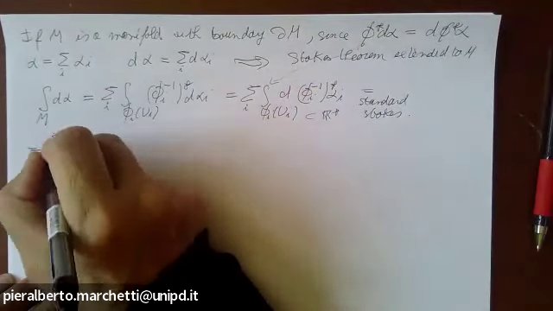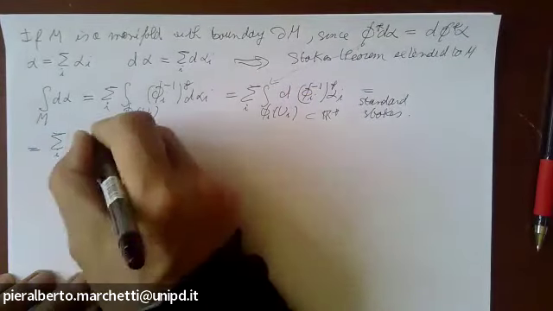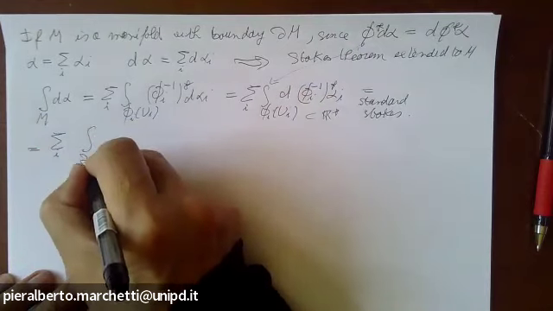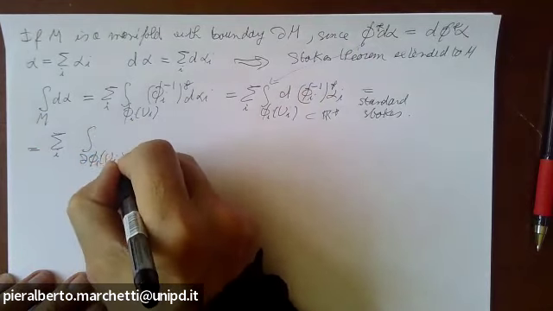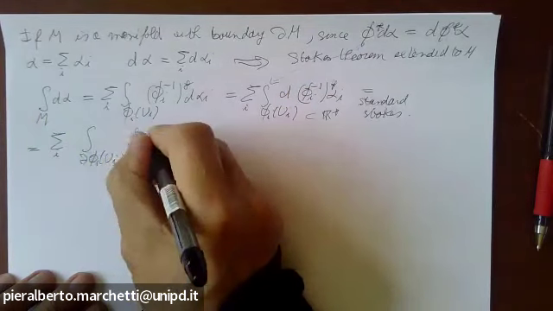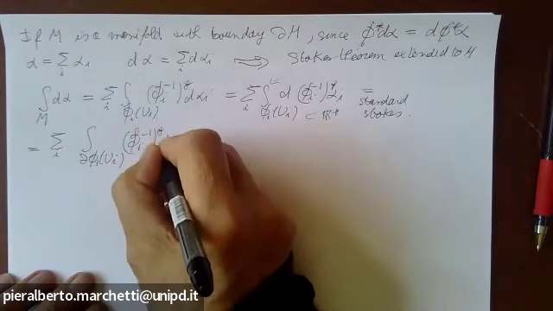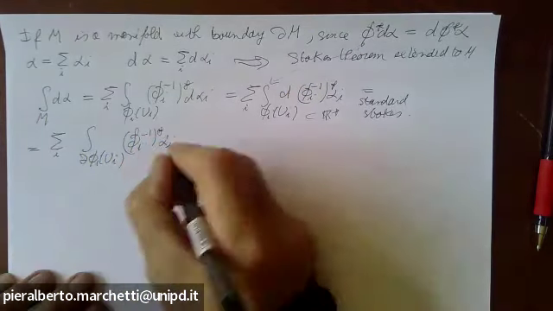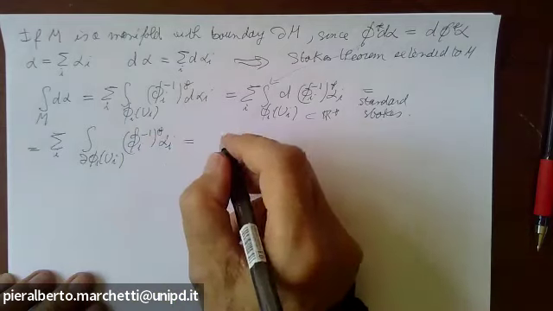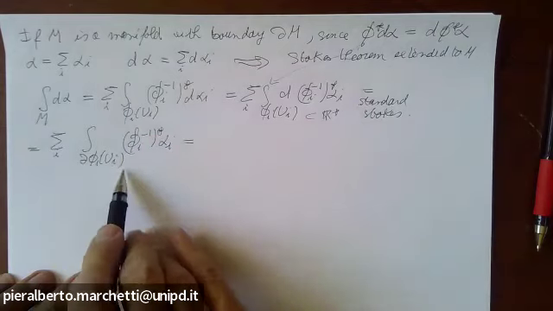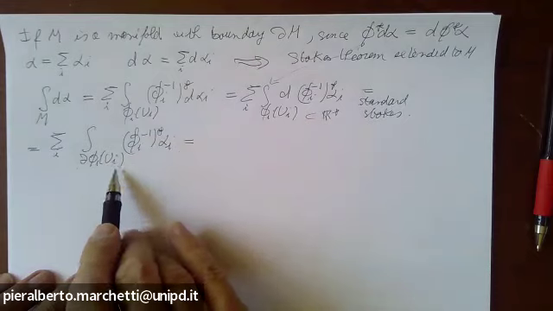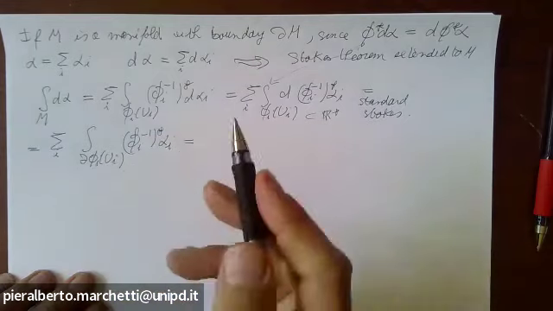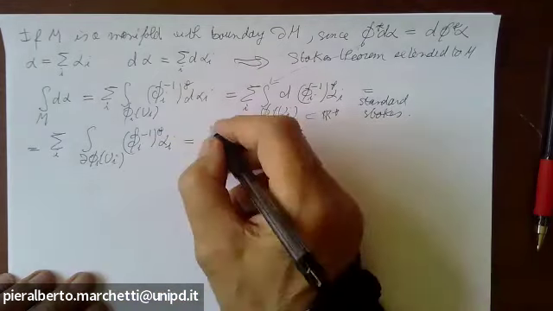So this is also equal to the sum over I of the integral over the boundary of phi I of ui of phi I minus 1 star alpha I. But now the boundary of phi I of ui is the image under phi I of the boundary of ui.